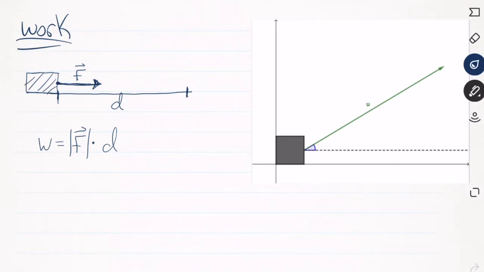And generally we're going to measure the magnitude of this force vector in pounds, and we're going to measure the distance in feet. And when we multiply these together, we're going to have units of a foot-pound. It's a really strange unit. The metric units are a little bit nicer. I'm quite sure Newton is one of them.